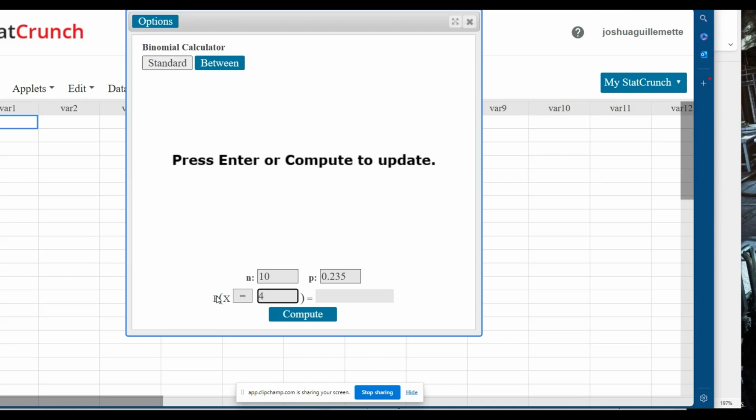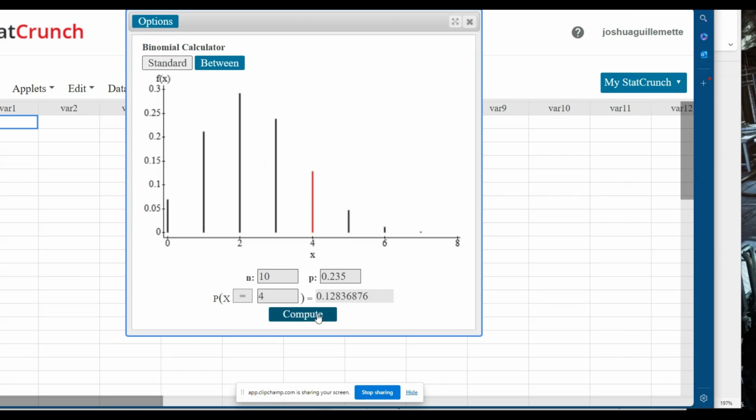So the probability for my variable equaling 4 is going to be the probability that x is exactly 4, the number of people with a bachelor's degree is exactly 4, is this 12.83%, right? So I'm going to take that and I'm going to go ahead and copy it.